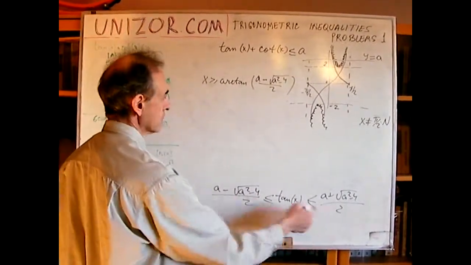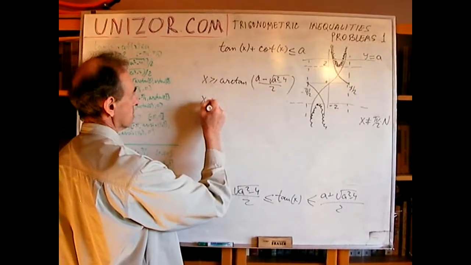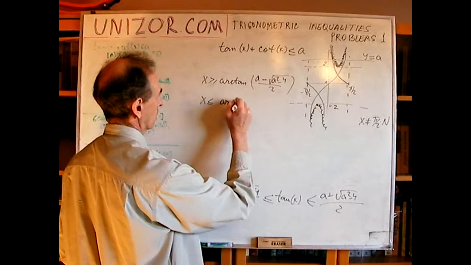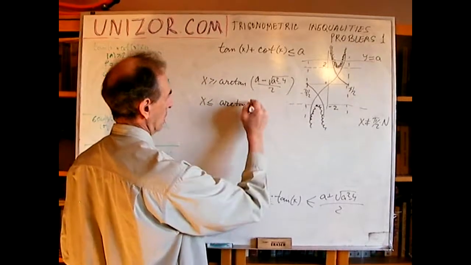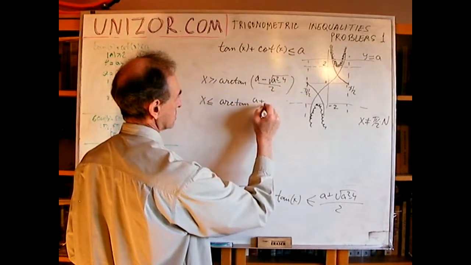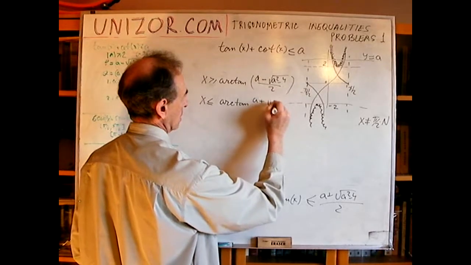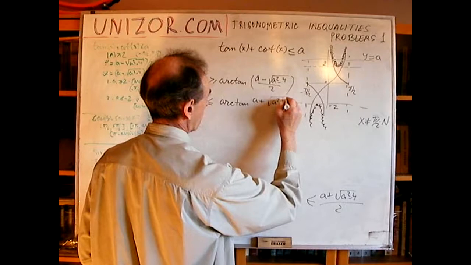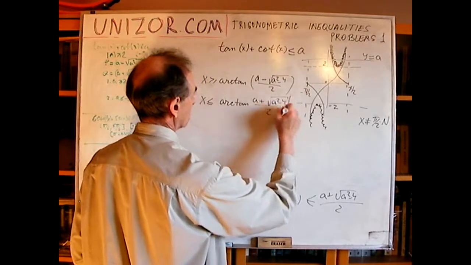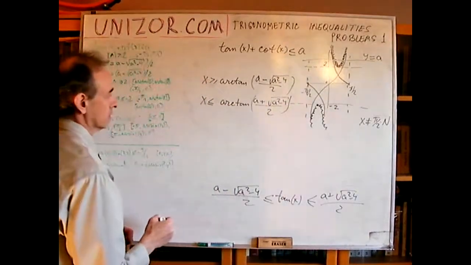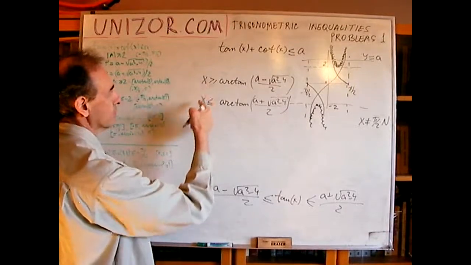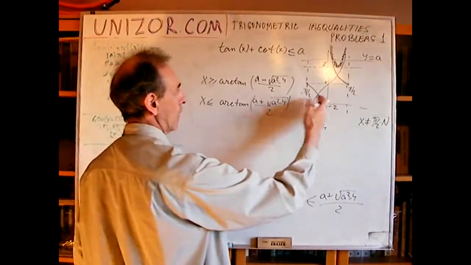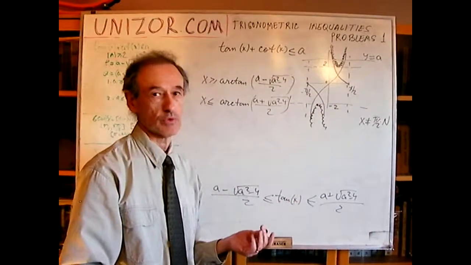Now, solution to this one is x is less than or equal to arctangent of a plus or minus square root of a squared minus 4, divided by 2. And obviously in both cases we should not really go beyond our interval where we are looking for solutions.